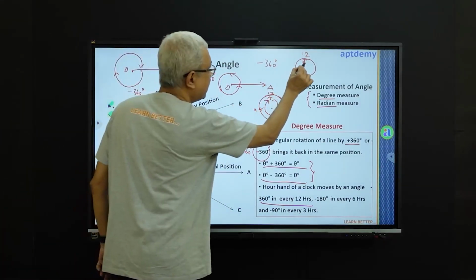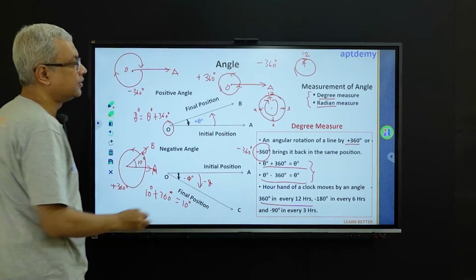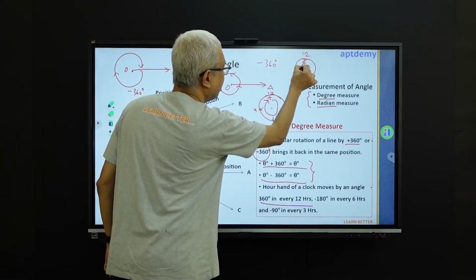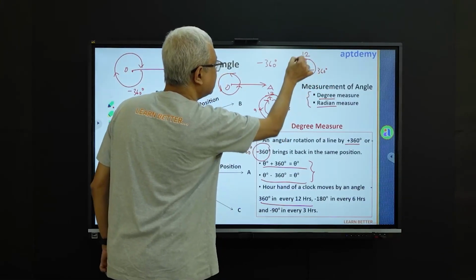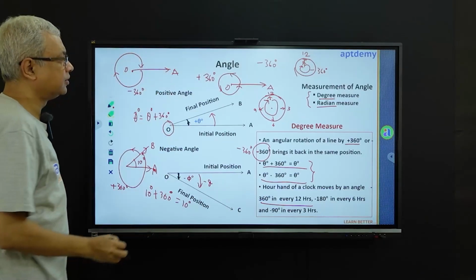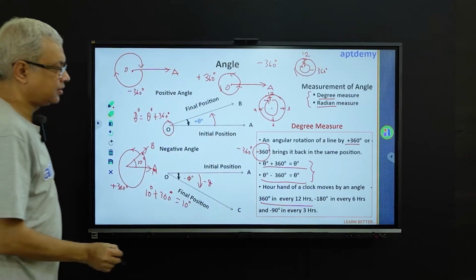Now the hour hand will move by negative 360 degrees in this direction and reach the same position, pointing towards 12, after 12 hours.